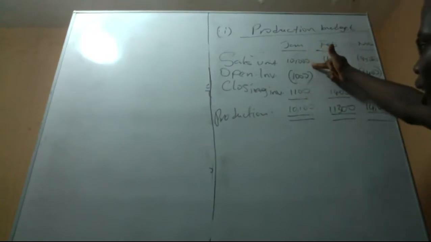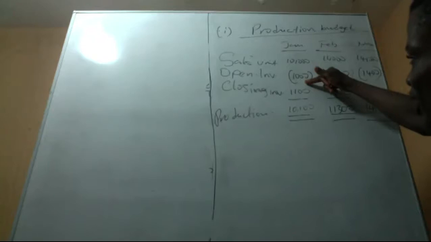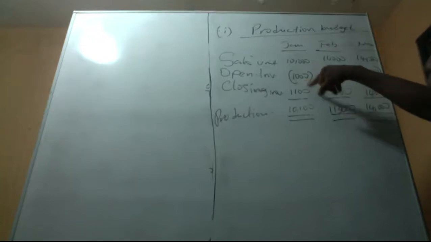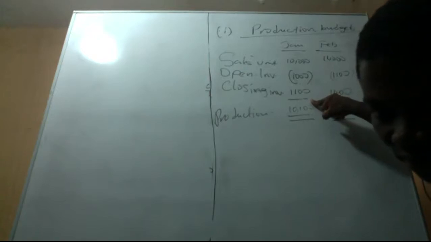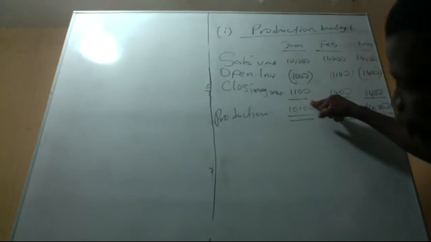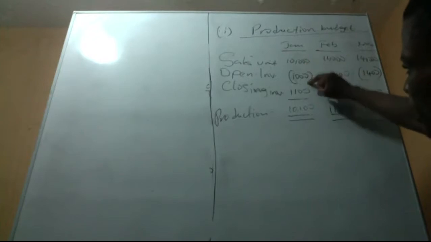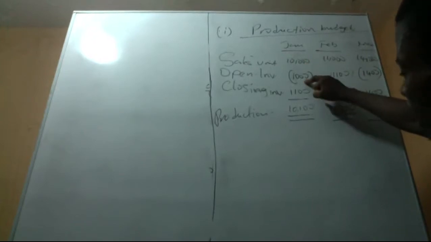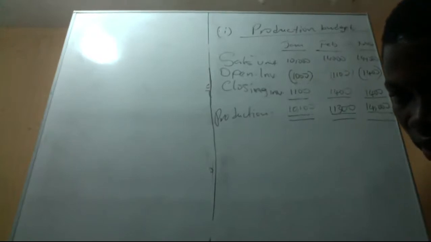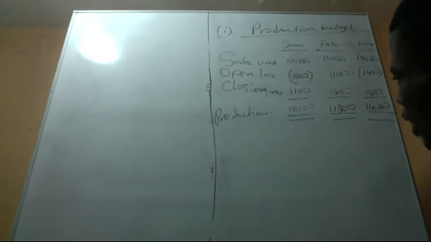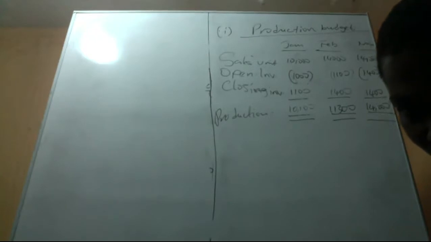So 10,000 less 1,000 plus 1,100. Let's do the calculation. 10,000 less 1,000 gives us 9,000. 9,000 plus 1,100 gives us 10,100.